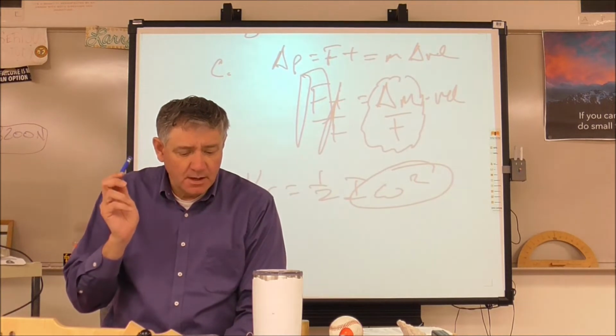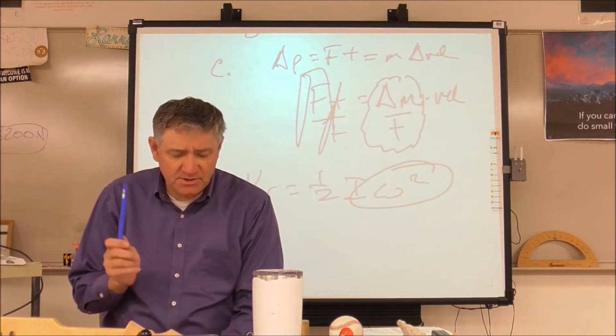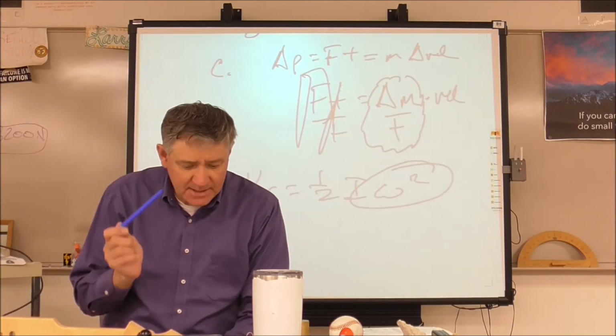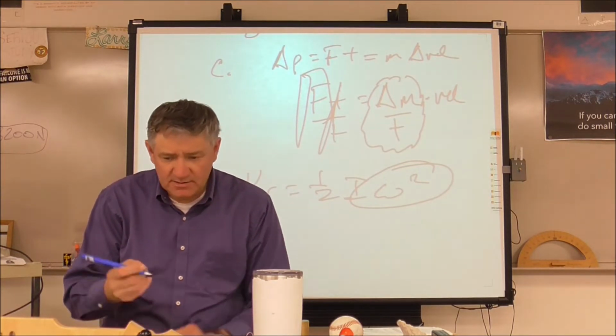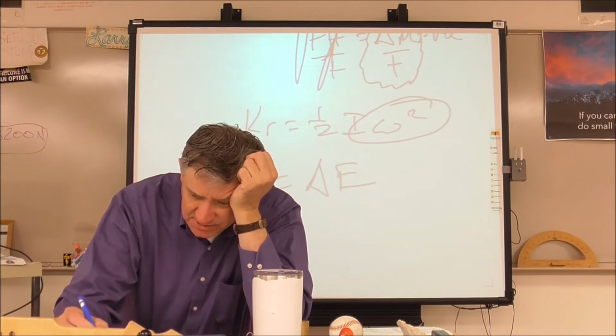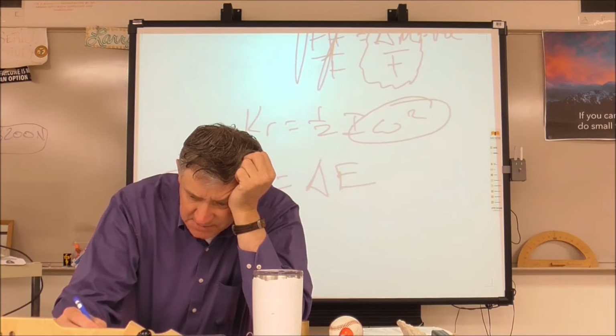Now, on E, they want you to calculate the work that's done by each engine. Here's the deal. There are two ways you can look at work. Fundamentally, it's a change in energy that also equals force times distance.